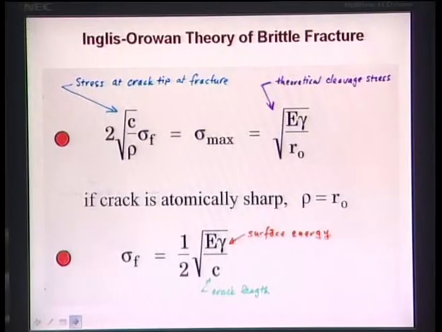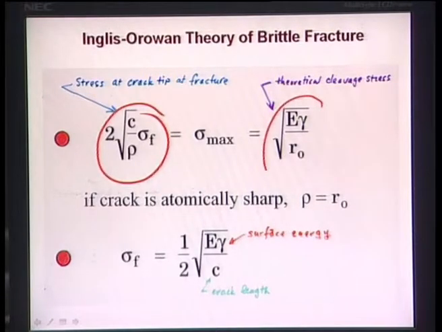Now there is another theory called the English and Rice theory of brittle fracture. What it says is that if 2c by rho into sigma f, that is the stress at the crack tip at fracture, is equal to E gamma by R naught, that is the theoretical cleavage stress.